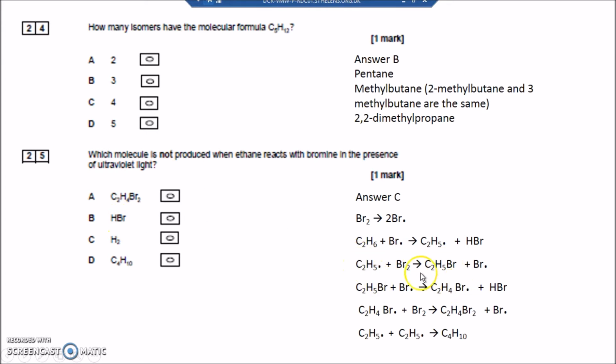It can carry on reacting, and so it could make CH4Br2. That's a possibility. And then at the end, if you've got some CH3CH2 dots, they could react together to make butane. So all of those are possibilities. Hydrogen stands out as the one that's never made in a free radical reaction.